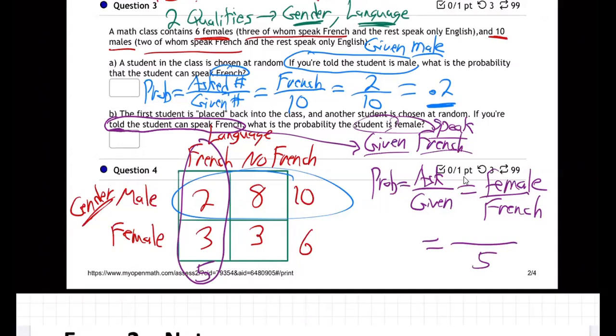Out of the 5 people that speak French, how many are female? 3 out of 5. If you grab somebody who speaks French out of this group, it's likely a female because there are more female French speakers than male French speakers. If you divide that in your calculator, 0.6. So this one's 0.6. The other one was 0.2, at least for my specific numbers.